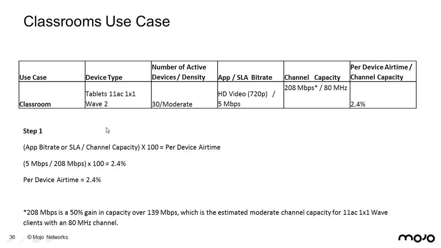And when we do that simple math, we come up with each device taking up 2.4% of the airtime. That's 5 meg divided by the aggregate times 100. So that comes up to 2.4 per device.